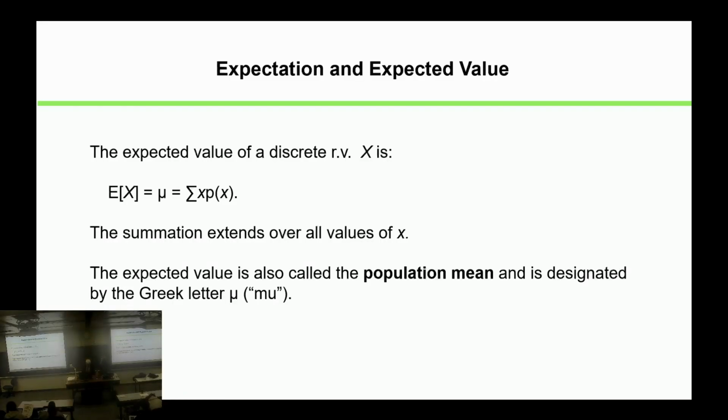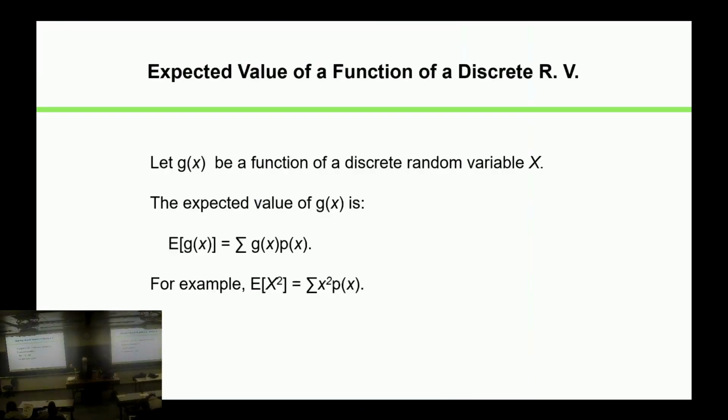We've defined the mean. So we're going to do a general definition first: the expected value of any function of a discrete random variable. We can get the expected value of that function by taking the values of the function of x times the probability of x. One that we will see frequently is the expected value of x squared.